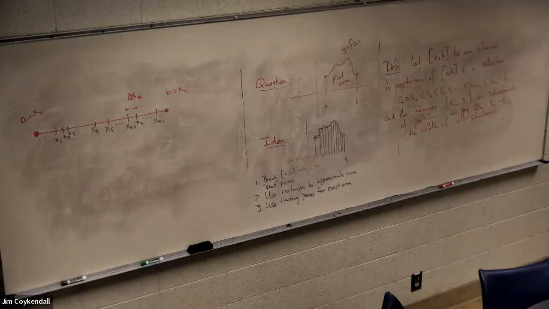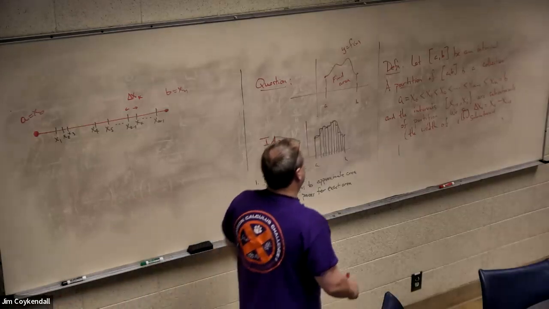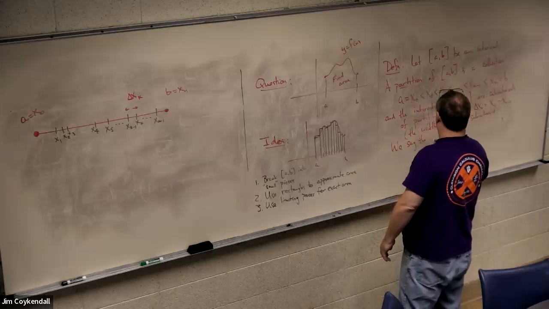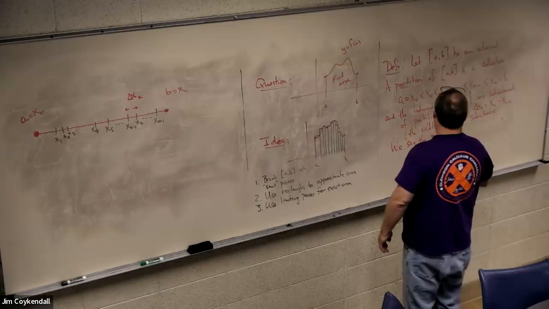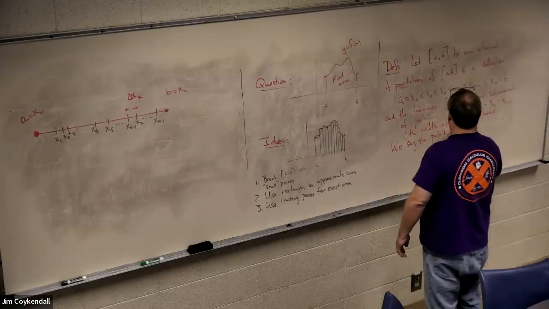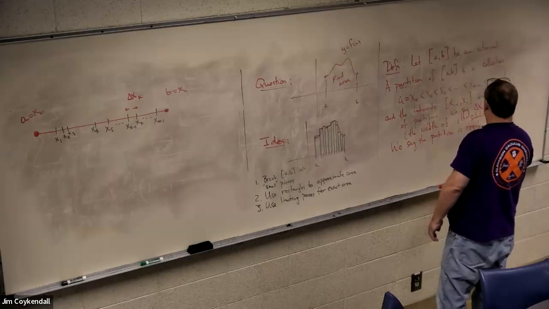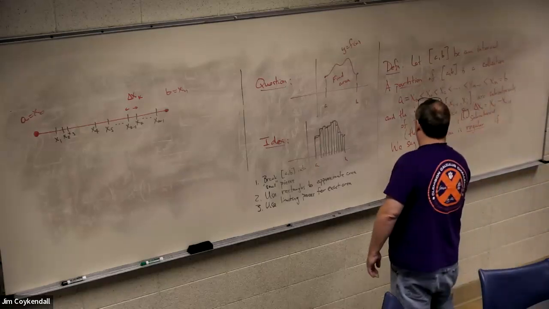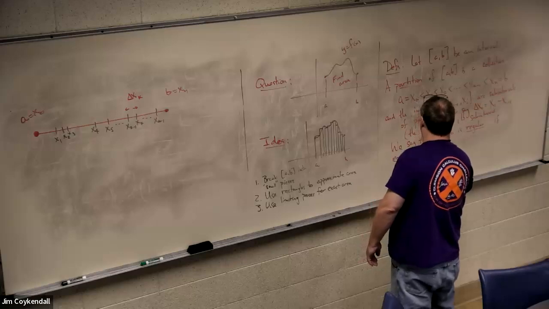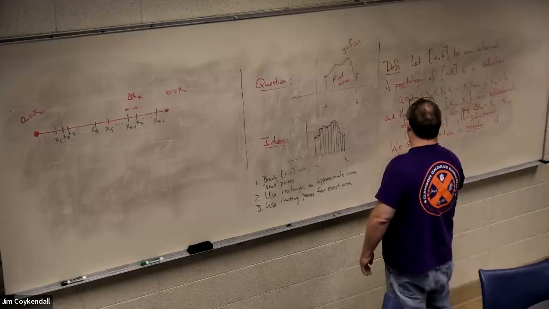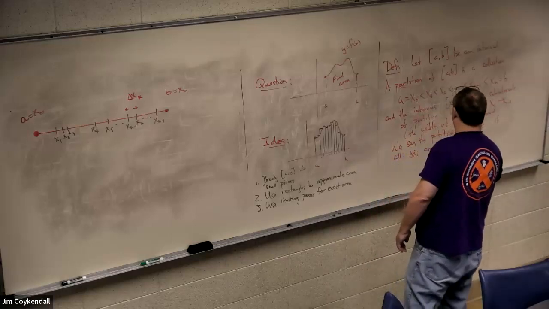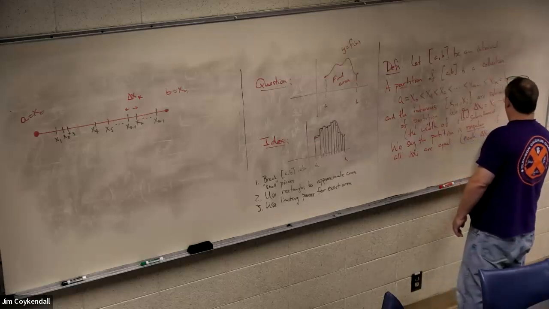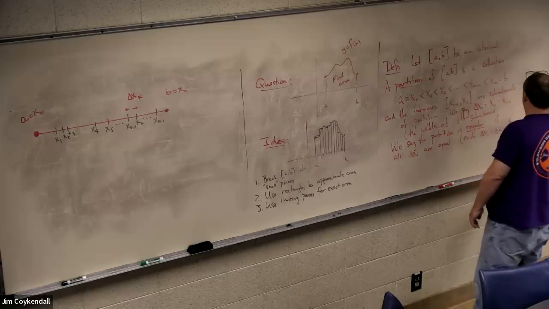We say the partition is regular if each delta x_i is equal, so every delta x_i equals (b minus a) over n.